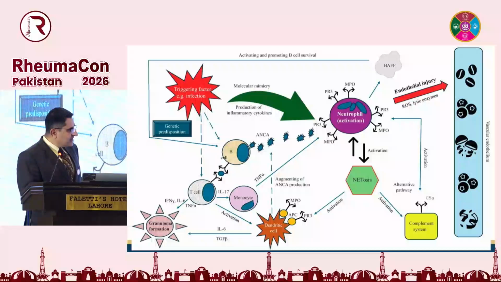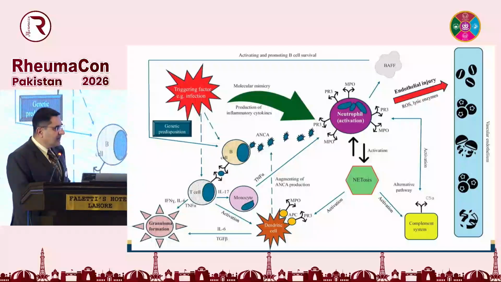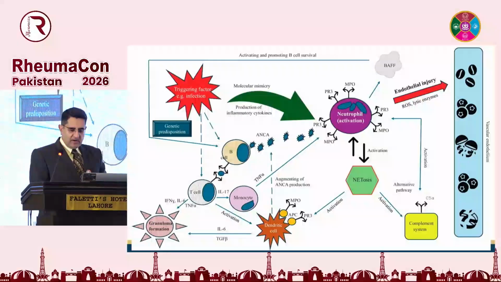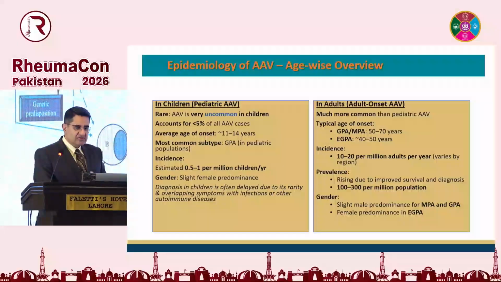This causes activation of the complement system and C5a production, the complement alternate pathway activation, leading to all this inflammation. It also activates the dendritic cells, which in turn activate further B cells and also help in formation of the granulomas. So keep in mind this picture.